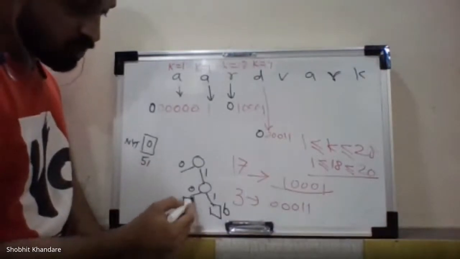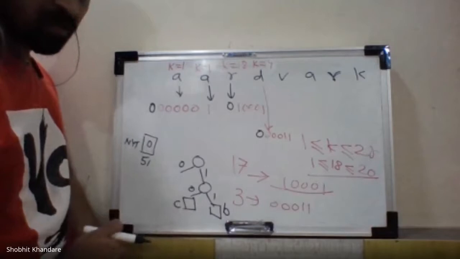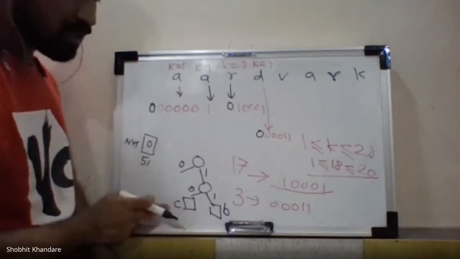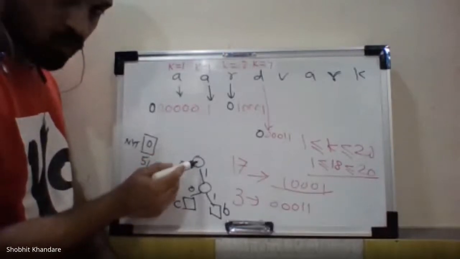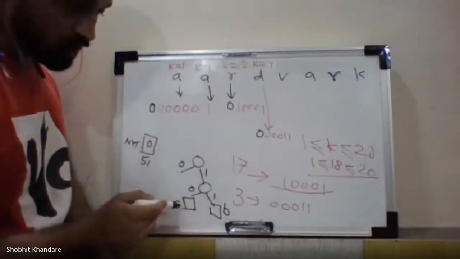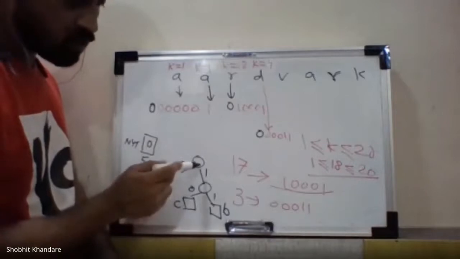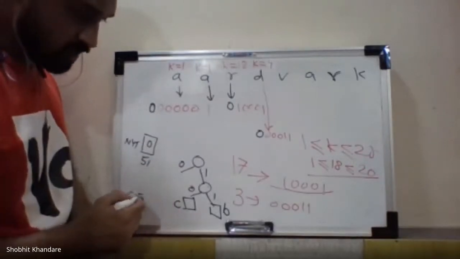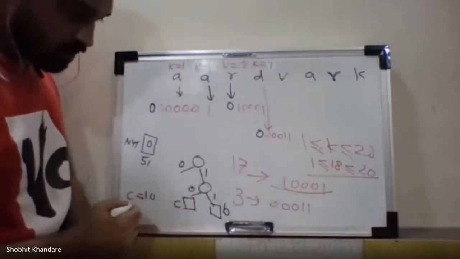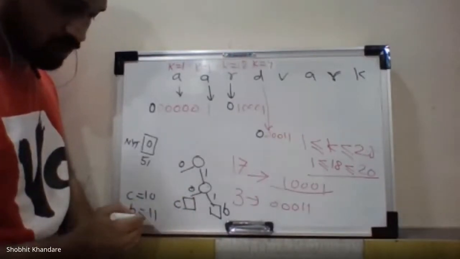Suppose there is one more external node which is for the symbol C. And if I ask you, tell me the code for C, you will say, sir, we'll start from the root. This is my root. So to reach my C leaf, I will go from root. So it is 1 and 0.